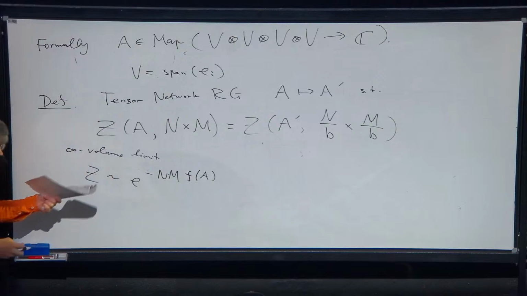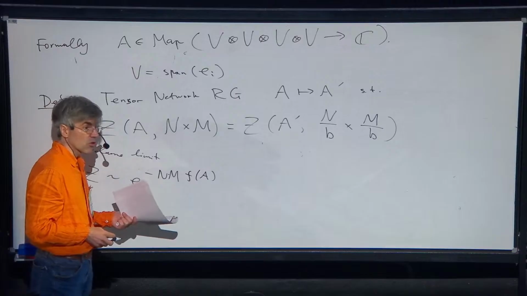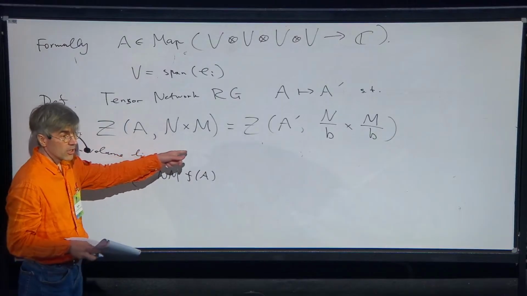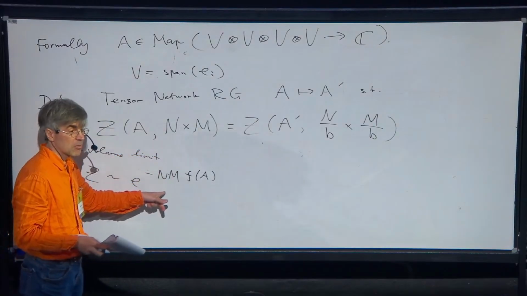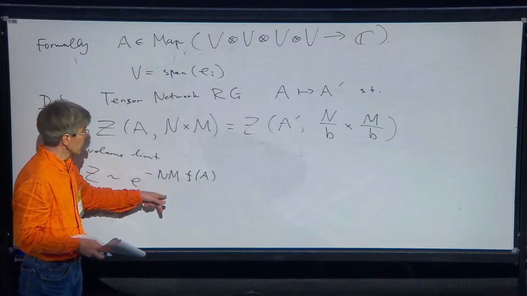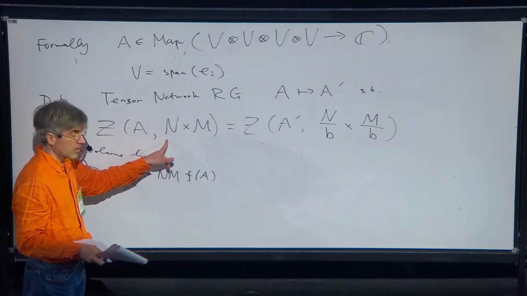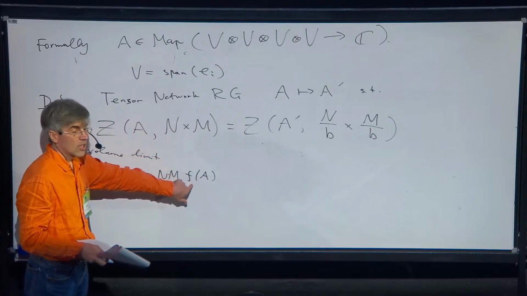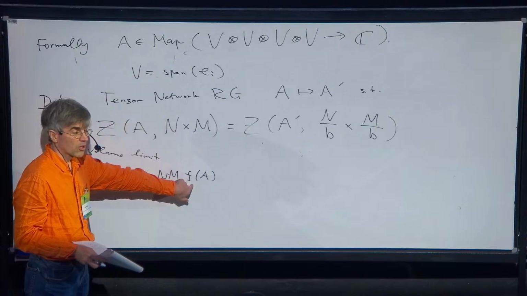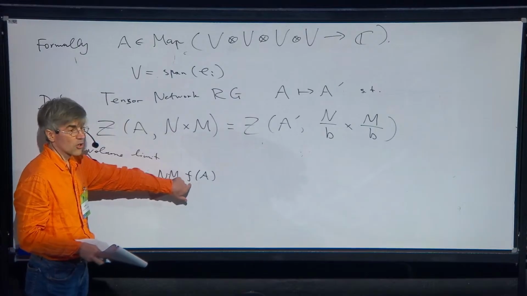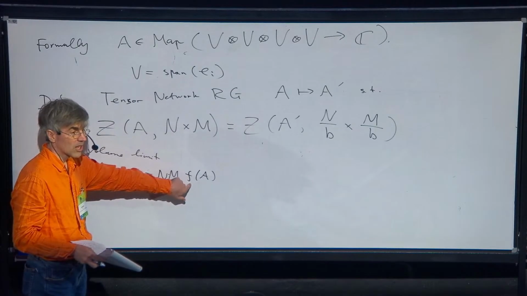And so typically it's a little bit non-trivial to show this, but if we have RG, then properties like this become absolutely trivial. Because RG tells you that after a single RG step, it allows you to write a recursion formula for the free energy of a tensor network on a lattice of a given size.